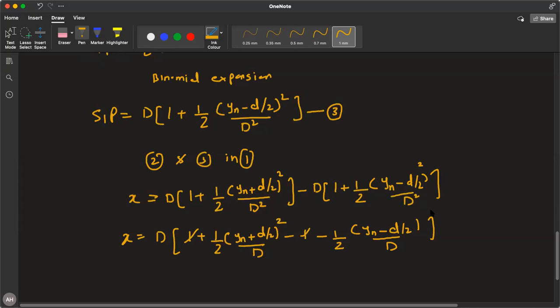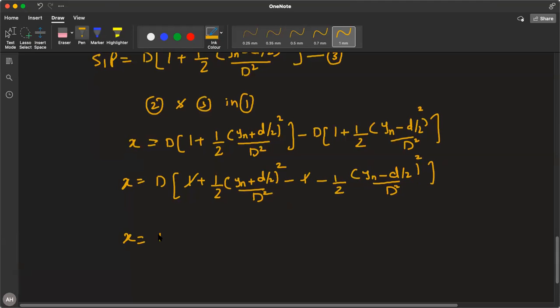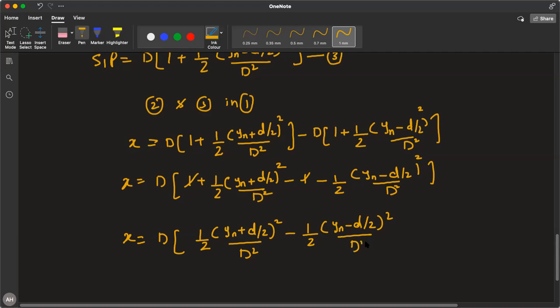We are left with d times 1 by 2 (Yn plus d by 2) whole square divided by d square, minus 1 by 2 (Yn minus d by 2) whole square divided by d square.